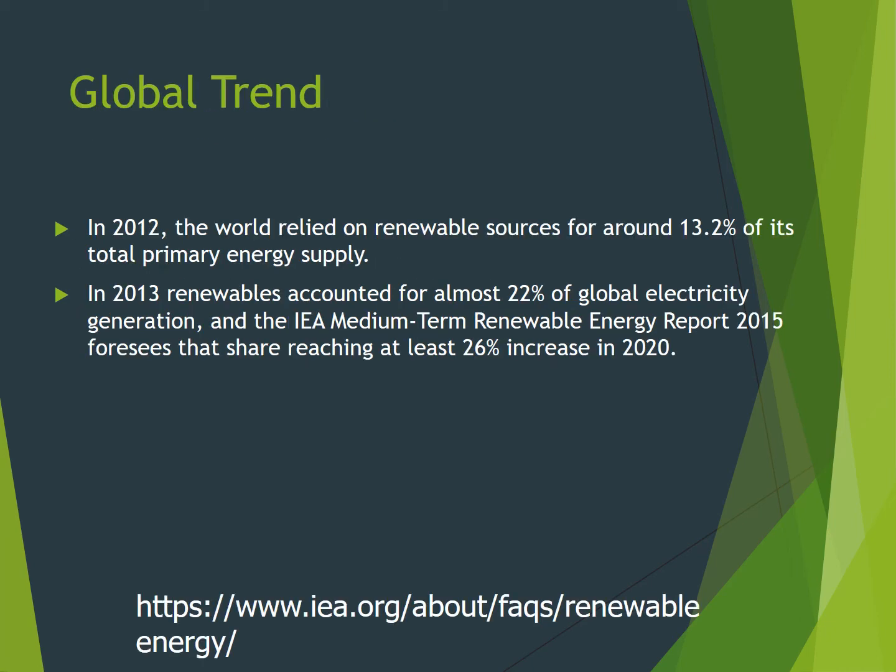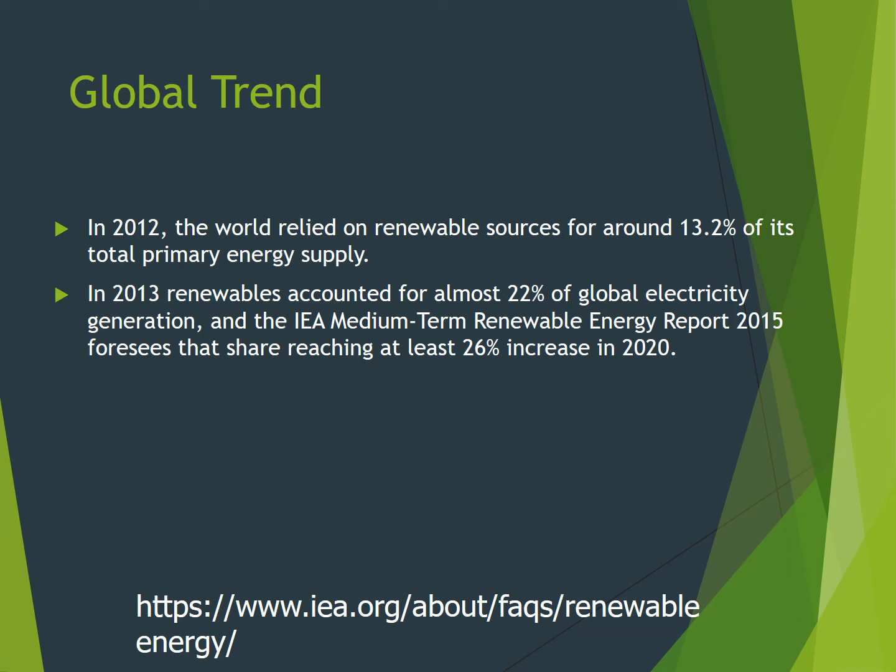So the global trend, people are realizing that we need to source our energy from renewable resources. So the trend is rising. You can see that in 2012, the world relied on 13% of its total primary energy supply from renewable sources. And in 2013, it rose to 22% of global electricity generation.